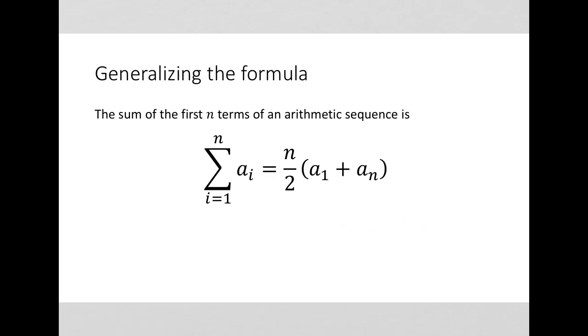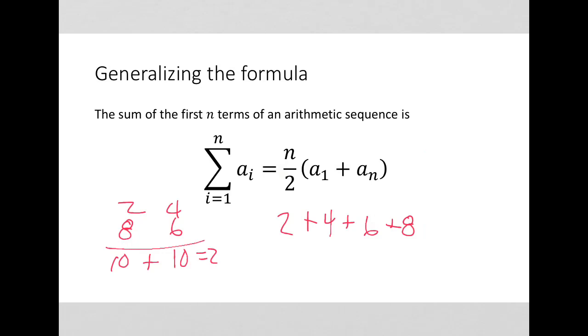Think about a little example here. What if we do the series, say, 2 plus 4 plus 6 plus 8. Well, then we'd be pairing up 2 with 8 and 4 with 6. And so 2 plus 8 is 10, 4 plus 6 is 10. How many terms do we have? 10 plus 10, well, we know that's going to be 20.